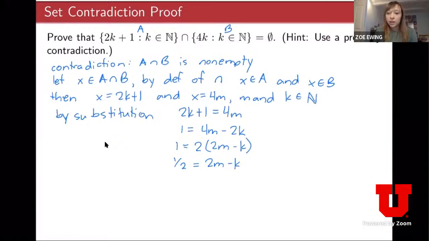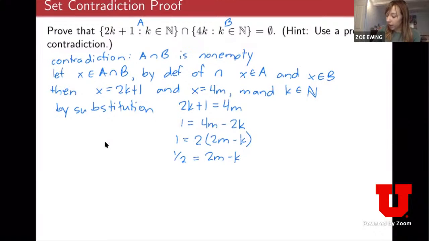Remember that the set of natural numbers is a subset of the set of integers, so we can still use closure under integers, which means that we have here a rational number, and we have on this side an integer, where 2m minus k equals c, and c is in the set of natural numbers by closure.